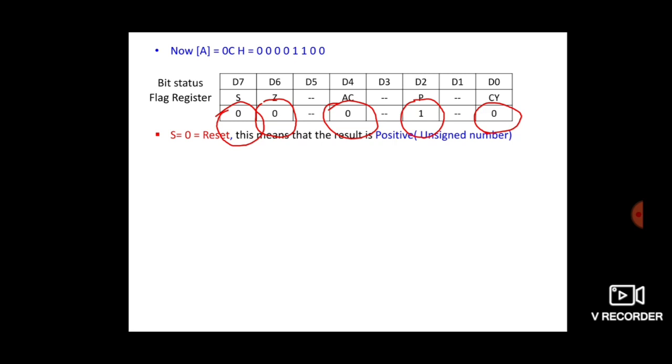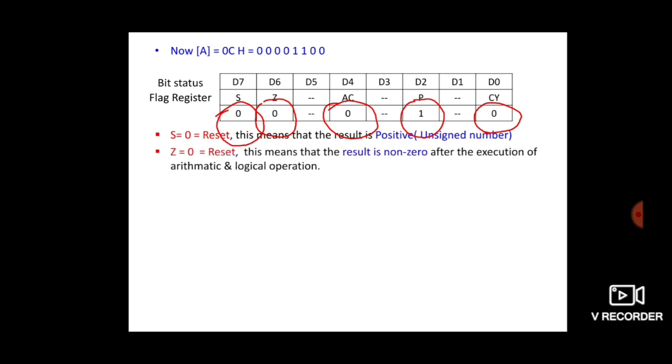See, here the sign flag is reset, which means the result is positive, that is, an unsigned number. Then the zero flag is reset, which means the result is non-zero after the execution of the arithmetic and logical operation.